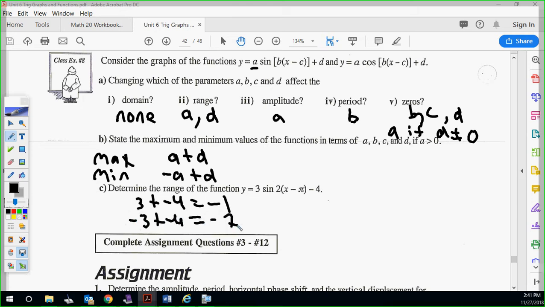The range is -1 to 7. Nope, I wrote that backwards. Sorry, 7 here. The -1's actually the bigger number. So it's bigger than -7, less than -1. Okay, all right, great job. Good.